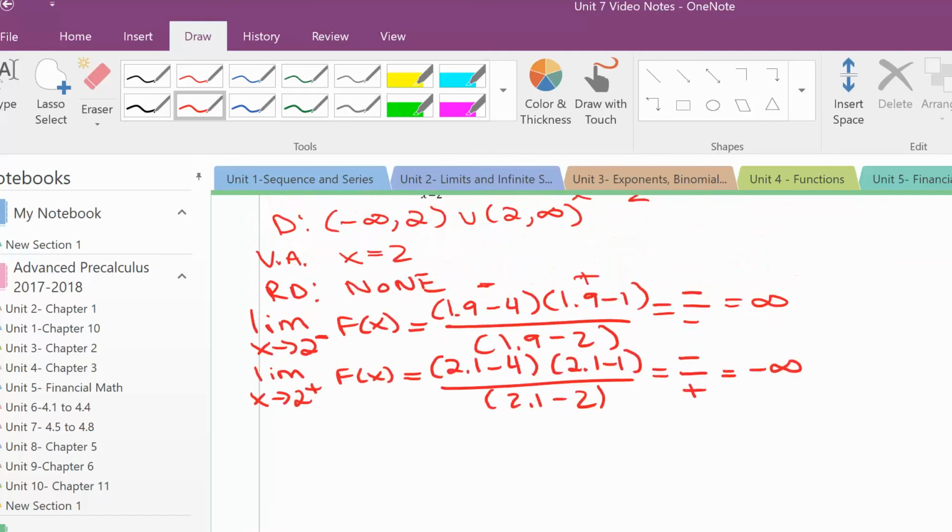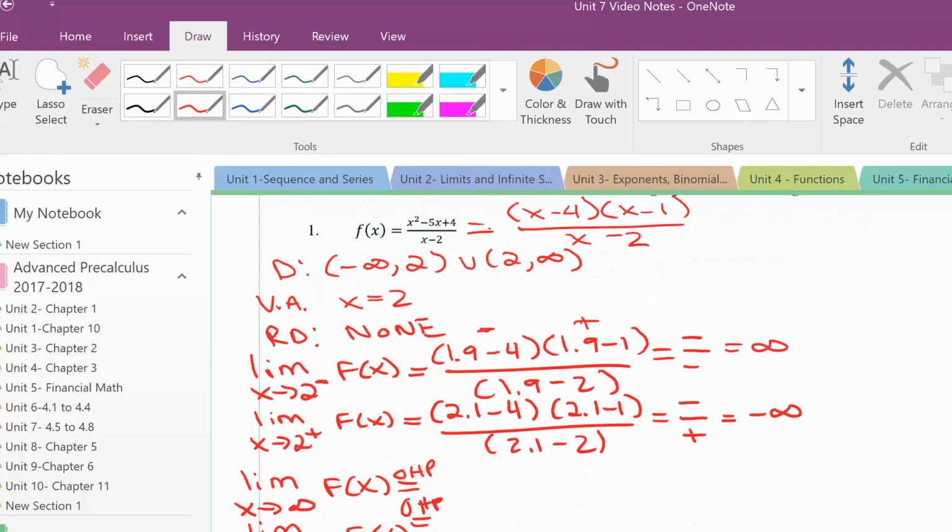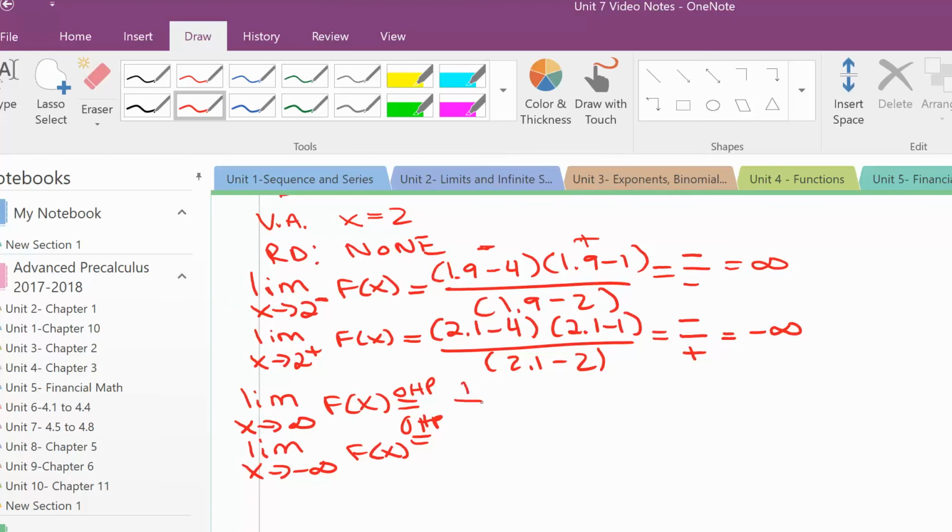And then the limit as x approaches infinity of the function, and negative infinity. Well, remember, we can do this by observing highest powers. If we go back to the original, notice it's going to be x squared over x, so it's 1 over 0.